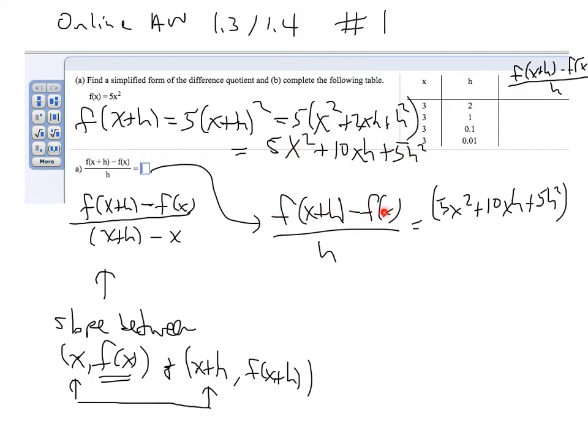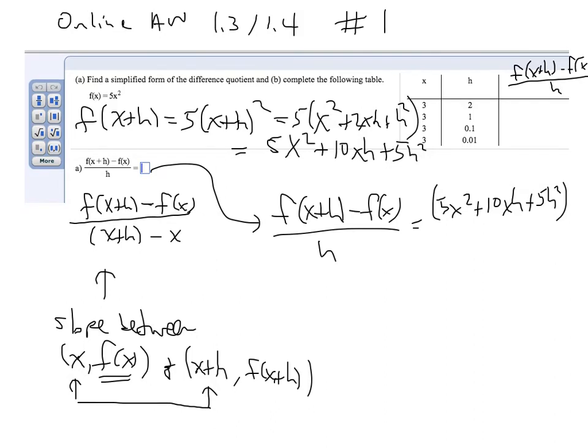Now I have minus f of x, and I'm running out of room. F of x is just 5x squared, so I don't have to do anything to that, just 5x squared. And then that's all over h.